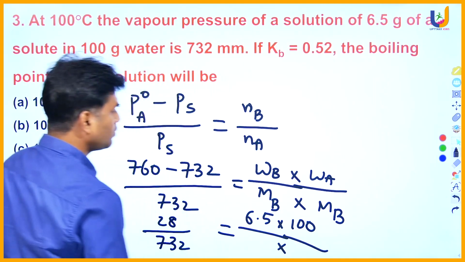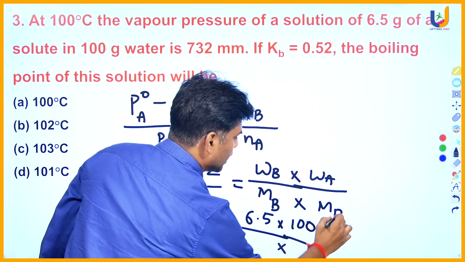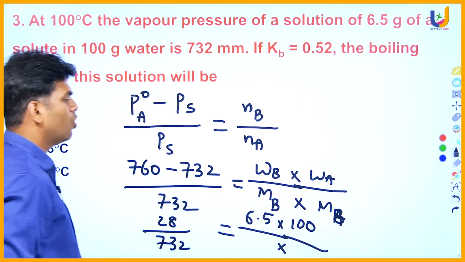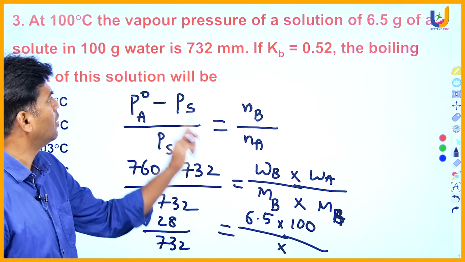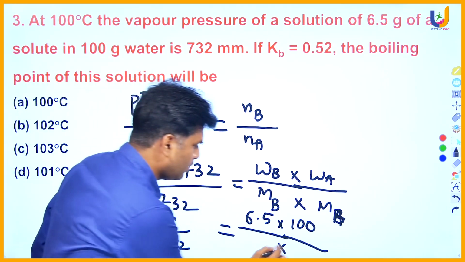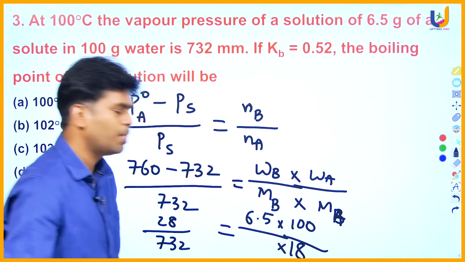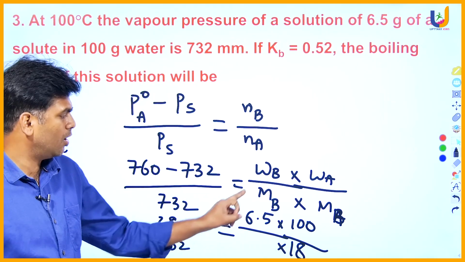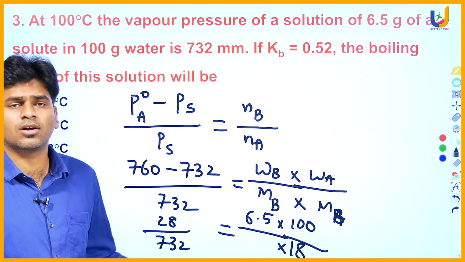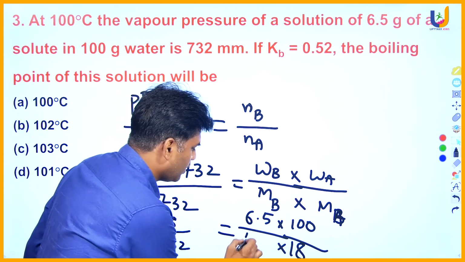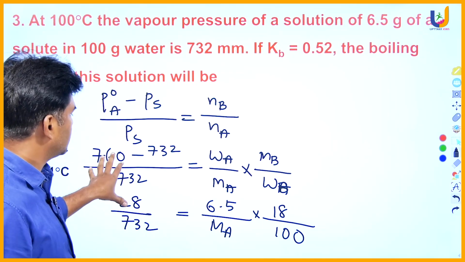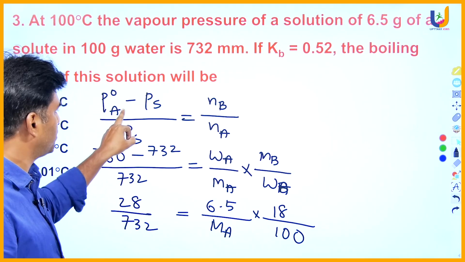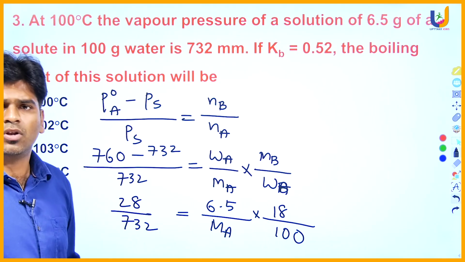This is A, this is B. For the molecular weight of the solvent, water, we know it is 18. But the molecular weight of the solute we don't know, so we keep it as MB. Understood what I said? Once again, this is the derivation: pure solvent vapor pressure minus solution vapor pressure, by solution vapor pressure.